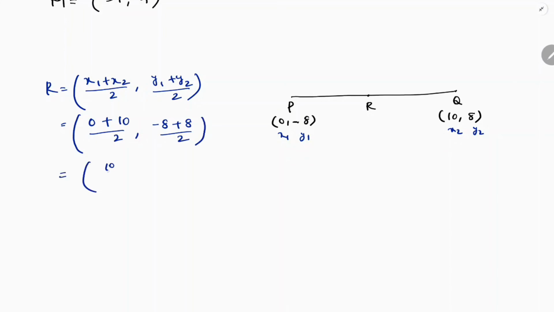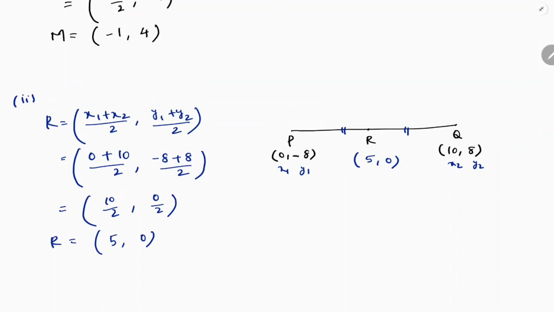So this is 10 by 2, minus 8 plus 8 is 0 by 2. 10 by 2 is 5, 0 by 2 is 0. So the midpoint R is 5 comma 0. Now this is the second question.